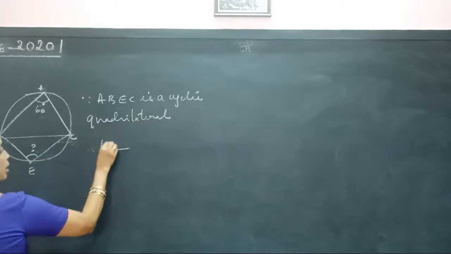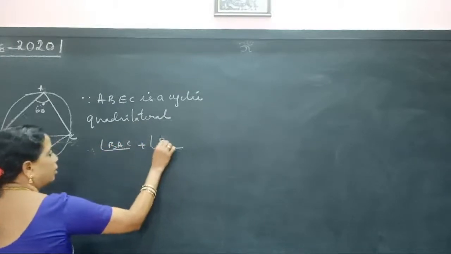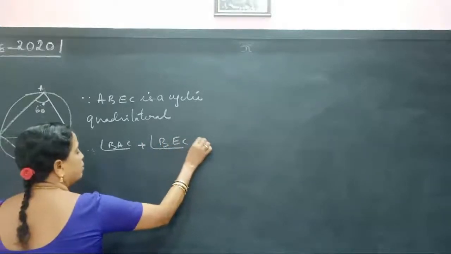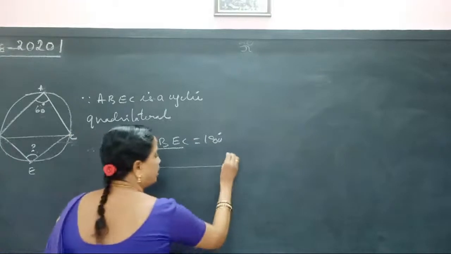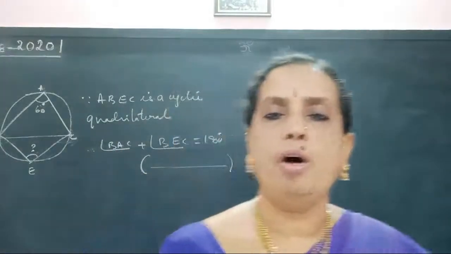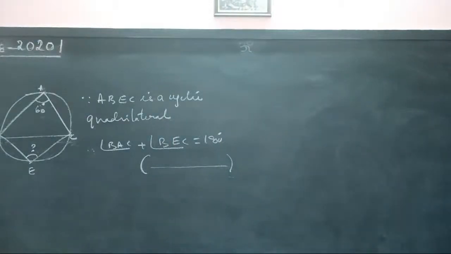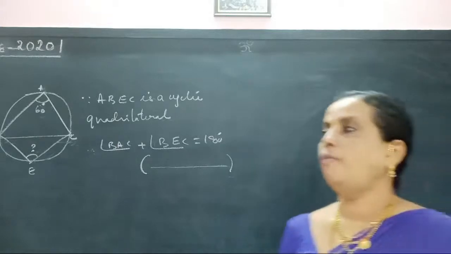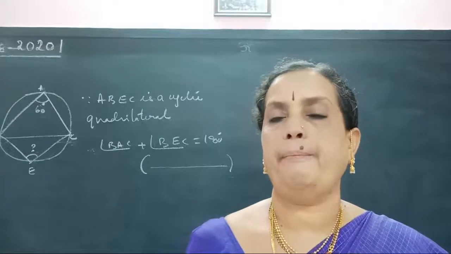therefore angle BAC plus angle BEC equals 180 degrees. Write the reason here. What is the reason? Sum of opposite angles of a cyclic quadrilateral, or you can mention sum of opposite angles is supplementary.